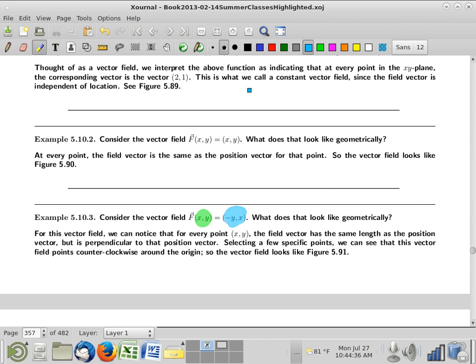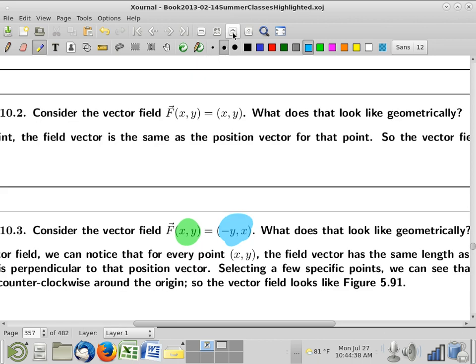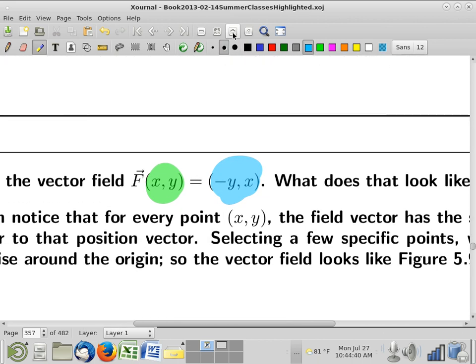And you can see this straight from the formula here. Notice they have the same magnitude. Input point, output vector, square root of x squared plus y squared in both cases. So they have the same magnitude, and furthermore, their dot product is 0. So that means that this point thought of as a vector, and the associated field vector for that point, are always orthogonal.